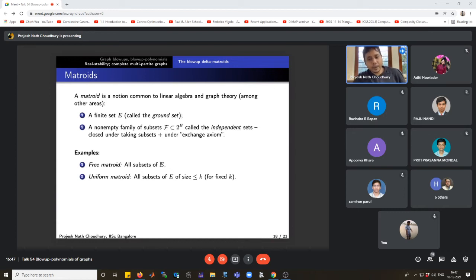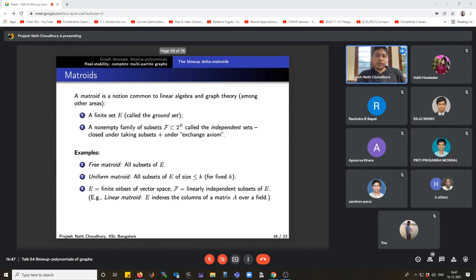And if the independent sets are exactly those sets which contain at most k elements for some fixed integer k, then this matroid is called a uniform matroid. Note that the free matroid is a particular case of the uniform matroid.